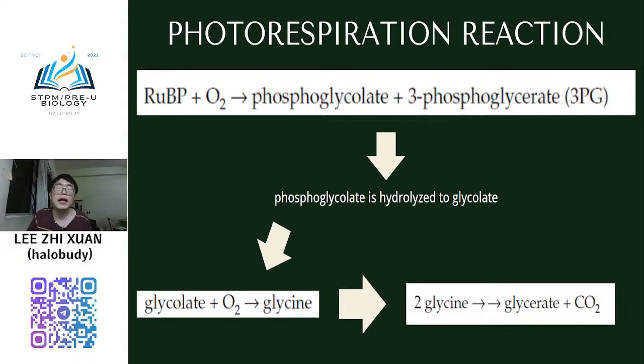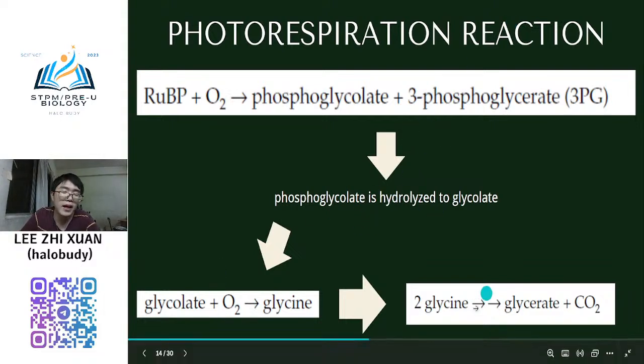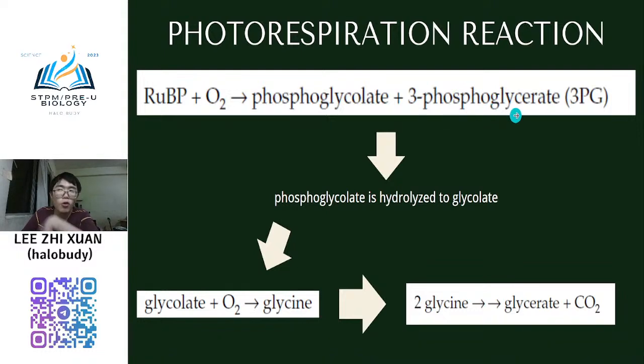It is like a highway. If the carbon cycle is the highway, 3-phosphoglycerate can directly go. But for now, because of photorespiration, it is like the old road. There are traffic lights, the road is small, and you keep turning this way and that way. Then after turning, you form back again and go to the highway again. Like when you want to go from Penang to KL, you take the highway, right?